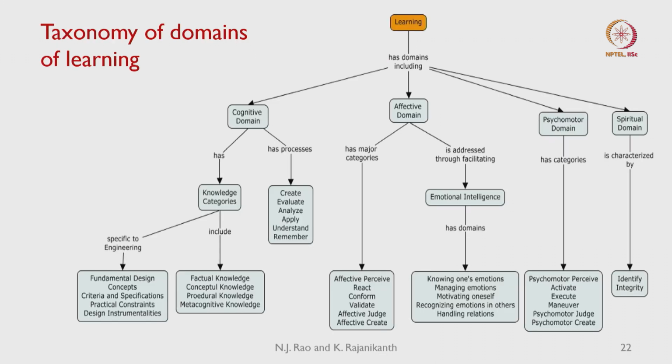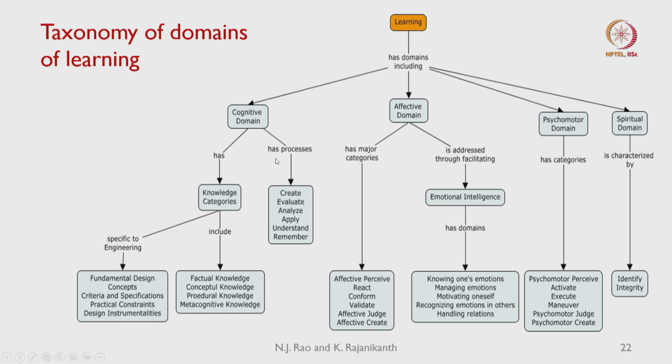Now, we can capture all the three domains like this. Learning has domains including cognitive domain, affective domain, psychomotor domain and spiritual domain. We will come to that also a little later, and this we have already seen.